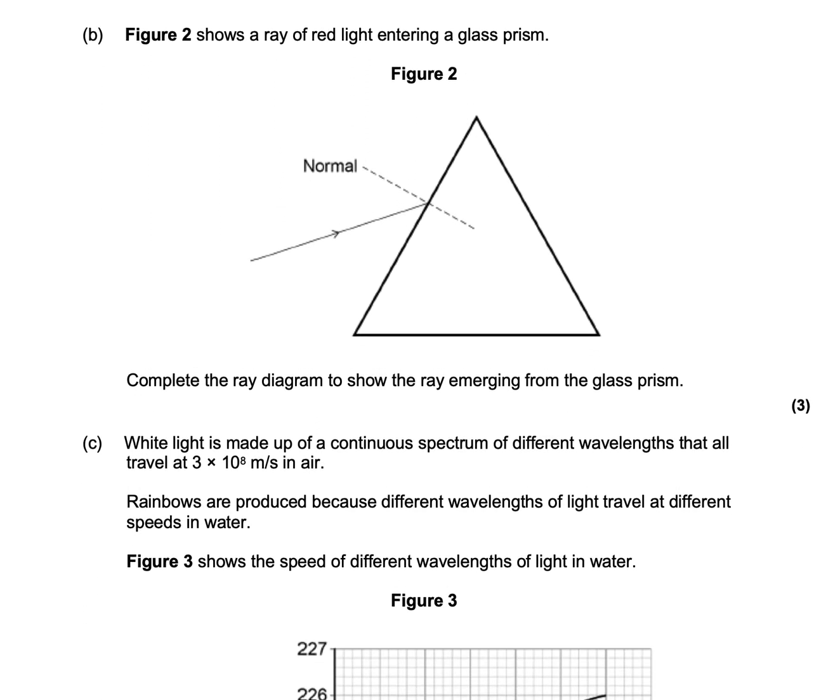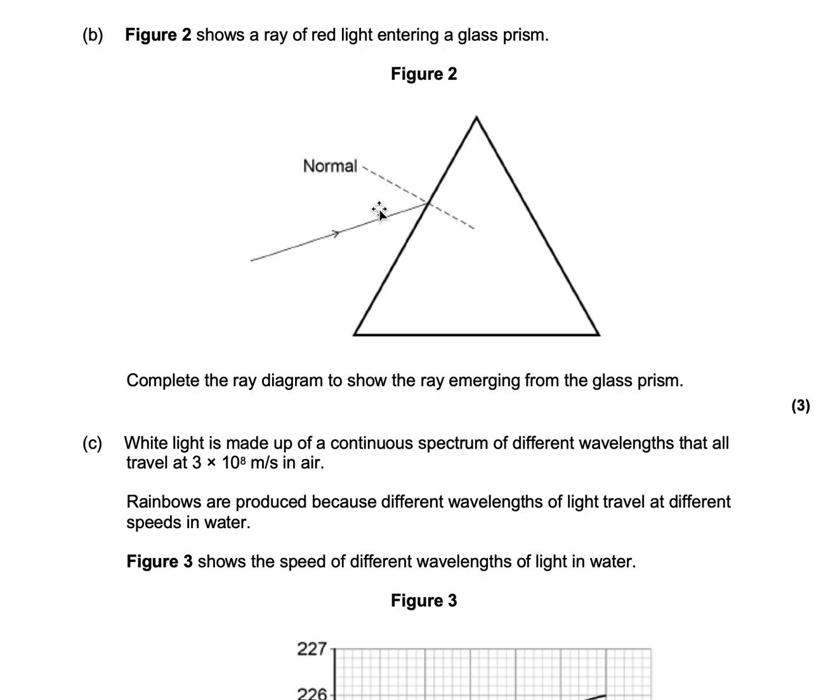Then we've got a ray of red light entering a glass prism. Complete the ray diagram to show the ray emerging from the glass prism. The rule we have is when something goes into something more dense, such as glass, it bends towards the normal.